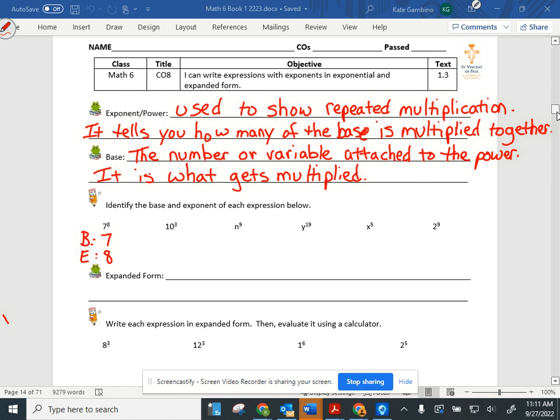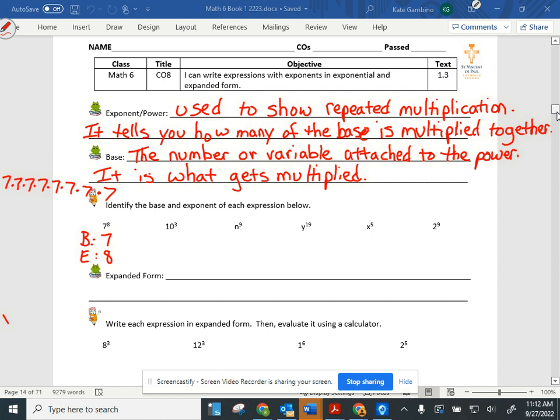So if we have 7 times 7 times 7 times 7 times 7 times 7, 1, 2, 3, 4, 5, 6, 7, 8. There's going to be 7 eight times. 7 times 8 is 56, but 7 times 7 times 7 times 7 times 7 times 7 times 7 times 7, doing that 8 times, is going to be a much bigger number.